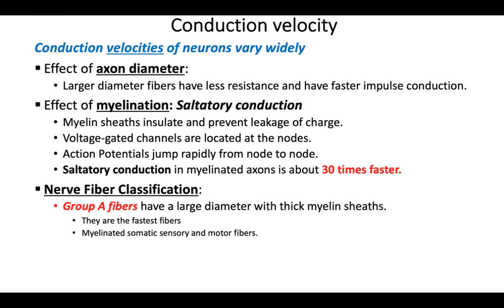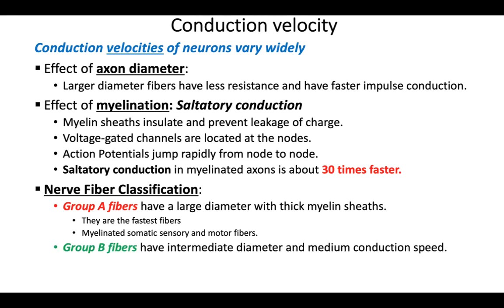One example is somatic sensory and somatic motor fibers. These are the fibers that can transmit, for example, pain from your skin to your brain really quickly, so we can perceive that very fast, but also control muscle very quickly. Group B fibers are intermediate.